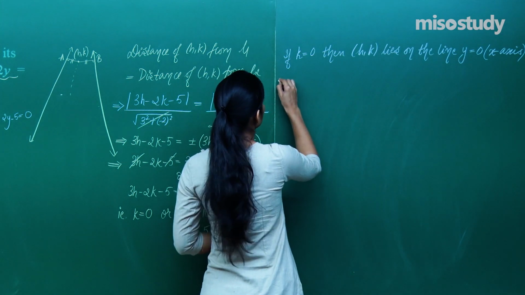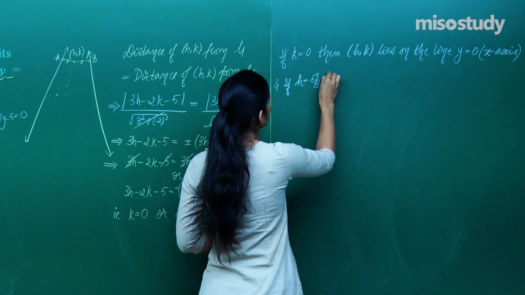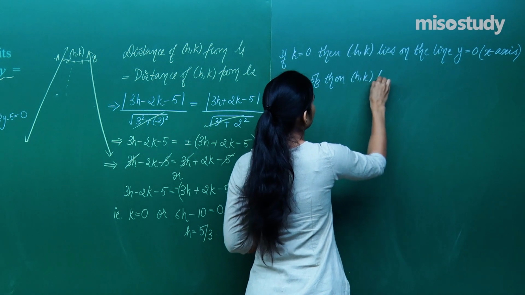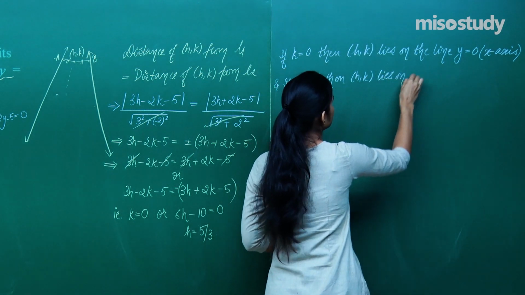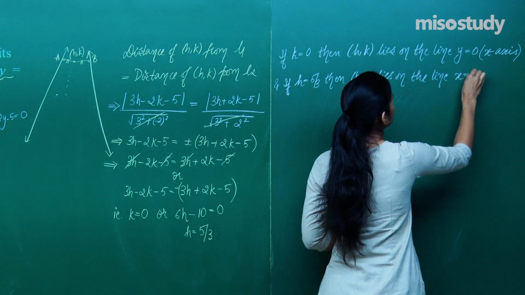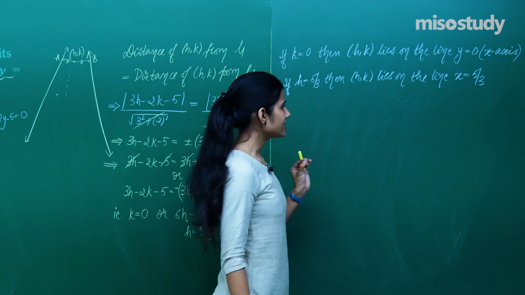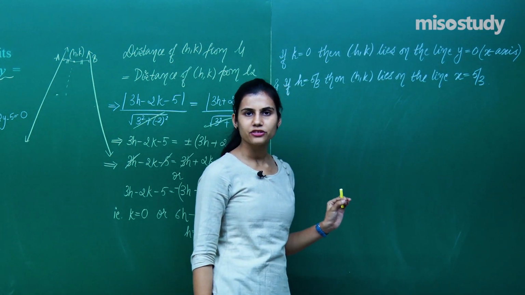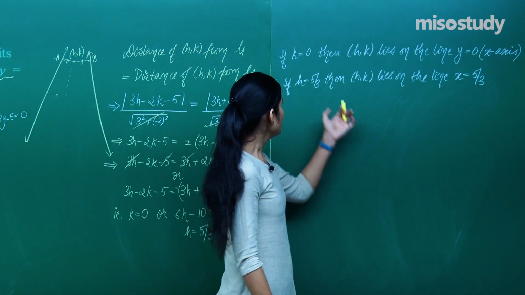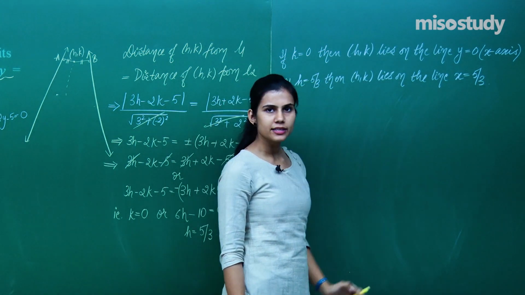Or if h is equal to 5 by 3, then h comma k lies on the line x equals 5 by 3, which is a line passing through the x equals 5 by 3 value. It is perpendicular to x-axis, parallel to y-axis. So if h is equal to 5 by 3, clearly the point h comma k will satisfy this equation.